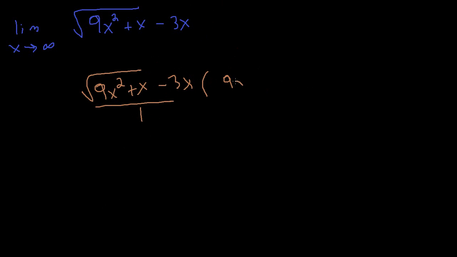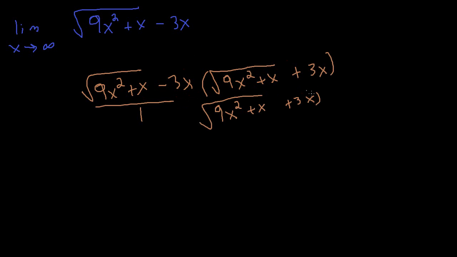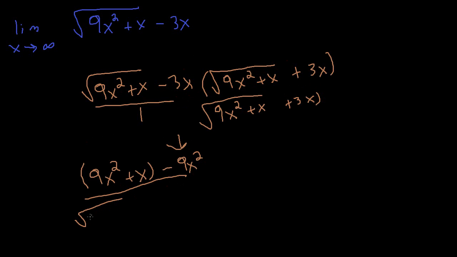So we have the square root of 9x squared plus x, then plus 3x instead of minus, and that's going to be happening to the bottom as well. Now if I actually multiplied this out, I would get essentially this all over the denominator, of course, being the square root of 9x squared plus x, then plus 3x.